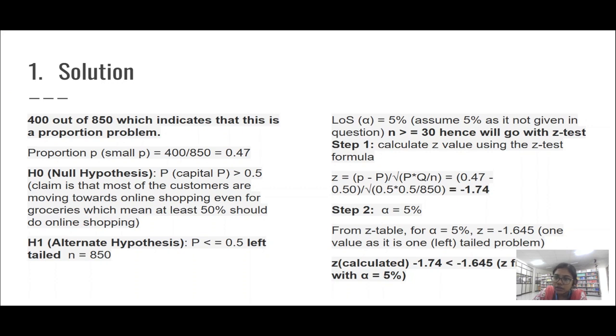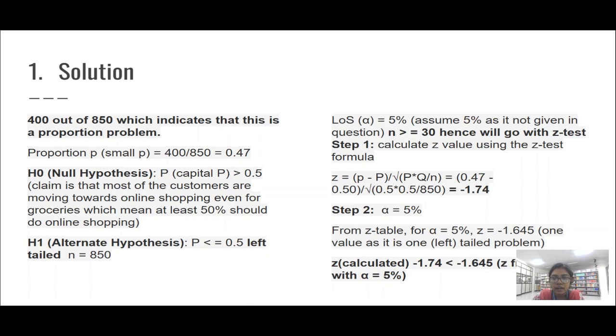So step one is to calculate the Z value. The Z formula is small p minus capital P divided by root of PQ by n. Substituting those values, we get the Z value as minus 1.7. In step two, we check the Z table at the 5% level of significance. The Z alpha value is minus 1.674.